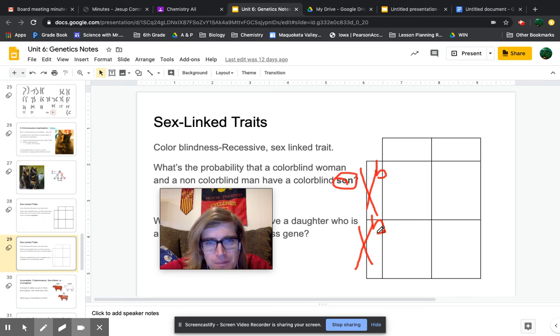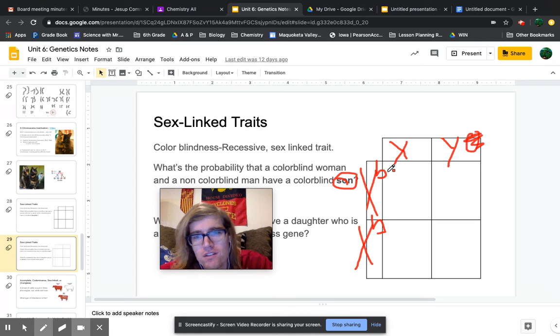And a non-colorblind man. So his genotype, he's a male. So we need X's and a Y. Remember, we don't put anything here because the Y chromosome, it's teeny, teeny, tiny. It doesn't have the allele that dictates the shape of the cones and rods. I don't know exactly the schematics of it. Why they're colorblind. All right, so then we do that.